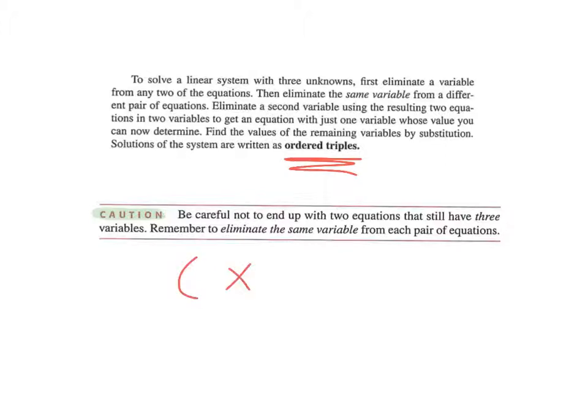So if we're solving for an x, a y, and a z, that's how you're going to list it, as an ordered triple. Now, when we start this process, we're going to be pairing up two equations at a time, and we're going to try to eliminate one of the letters. Whatever letter you decide to eliminate must be the same for both sets. I'm going to show you what I mean by that.